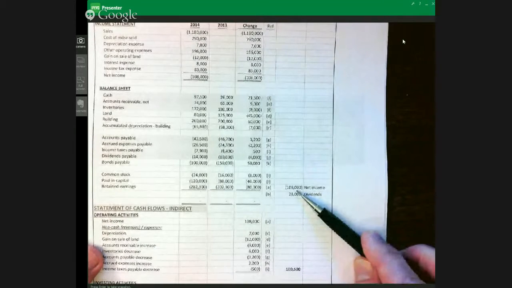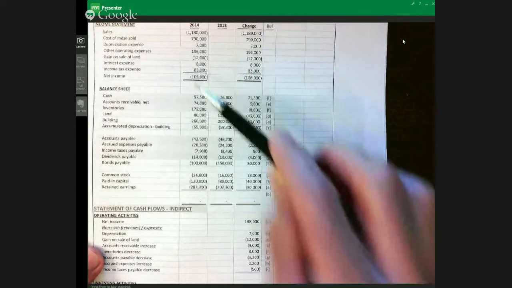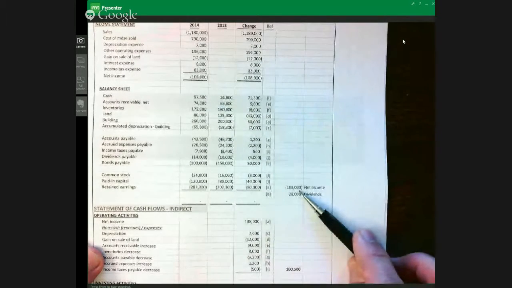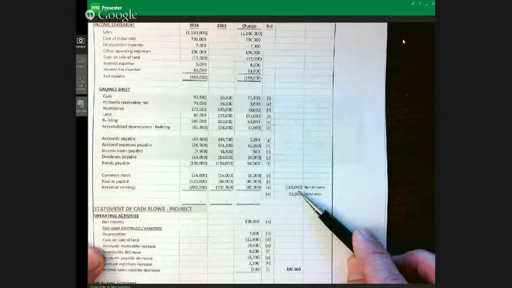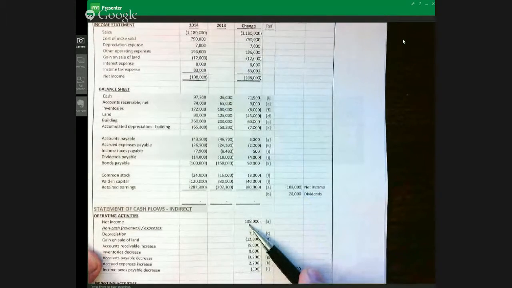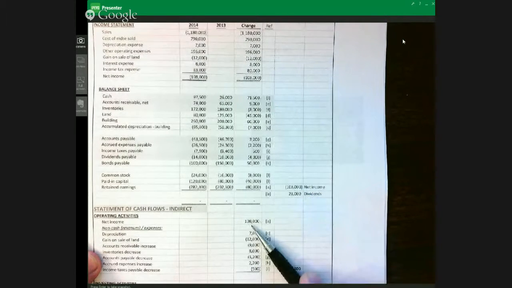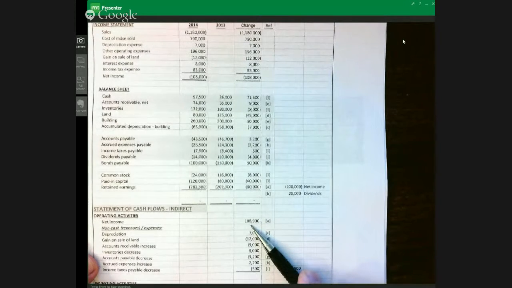So for example, income has increased $108,000. We get that directly from the current year's income statement. We increase retained earnings with a credit. Any item in the statement of cash flow would change with the opposite leg of the entry. If you credit net income on the balance sheet, you will debit net income or debit the cash flow statement for net income in the statement of cash flows.